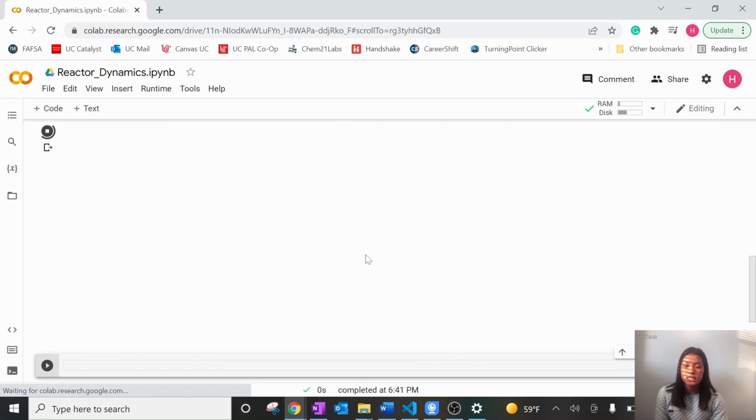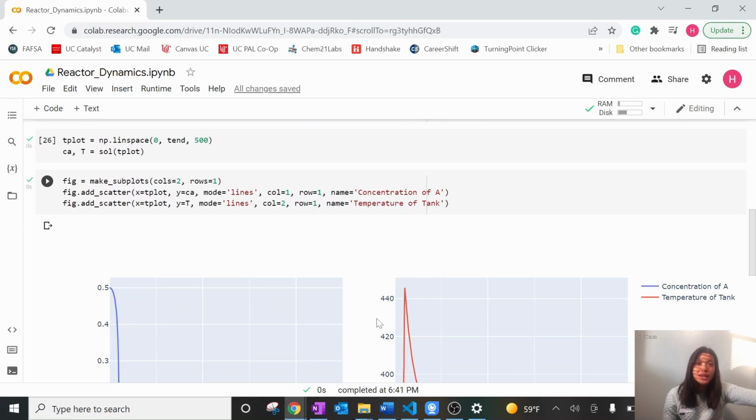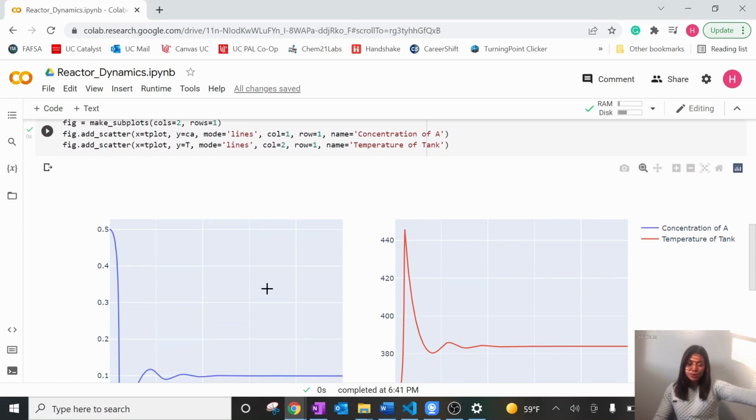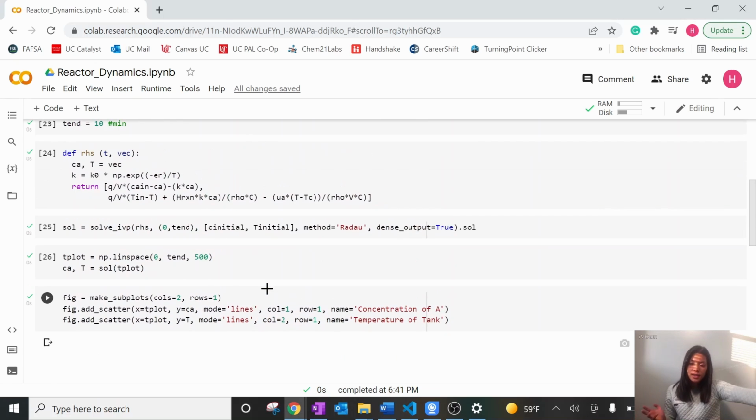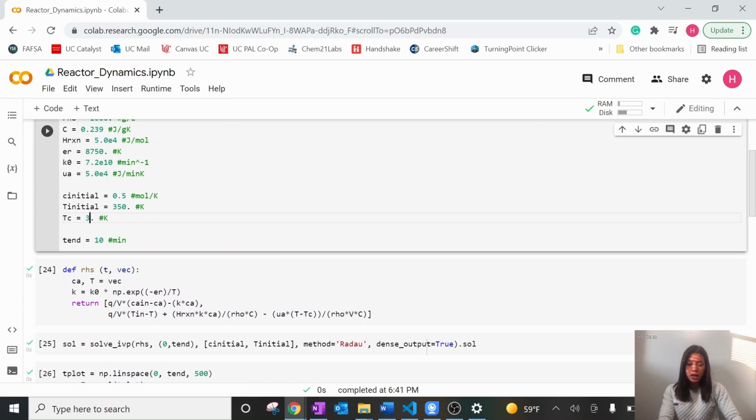As we can see, that actually causes our simulation to oscillate quite a bit, and then it'll eventually reach a steady state. So now that we have our simulation and we know that the simulation works, let's take a minute just to analyze what's going on here. We'll start at the lowest temperature in the problem, which is 290 Kelvin.